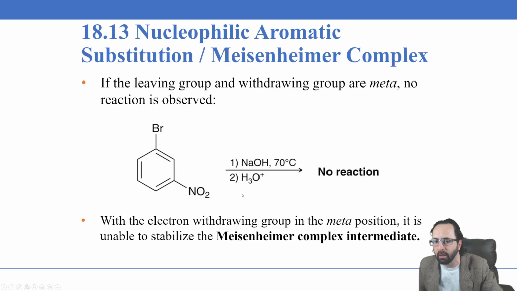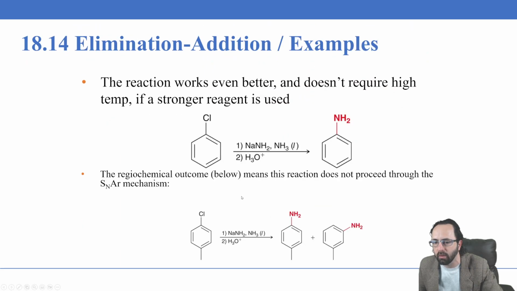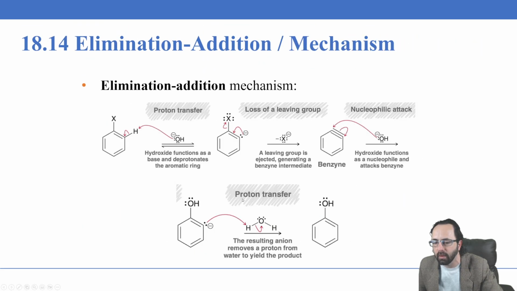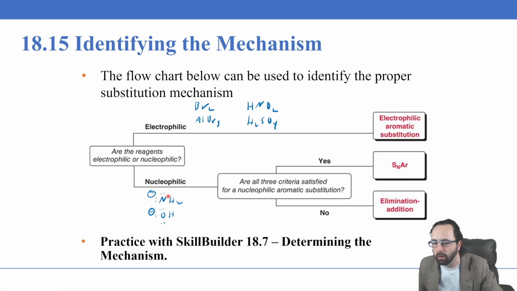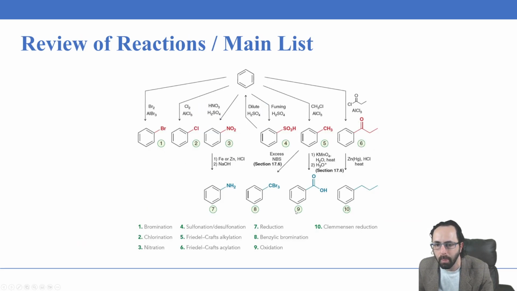Then we can have a nucleophilic aromatic substitution. So in either case, we'd have some type of very strong nucleophile, such as the amide or the hydroxide. But for the nucleophilic aromatic substitution to occur, we must also have an electron withdrawing group. We need to have a leaving group, and it must be in the ortho or para positions.